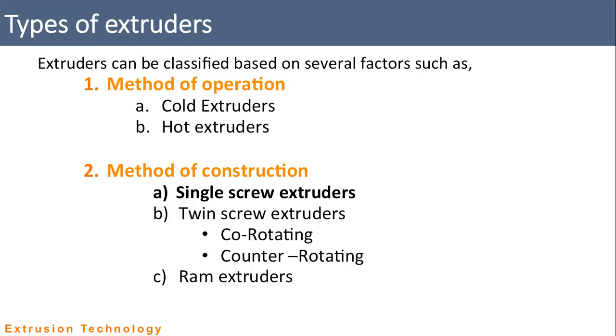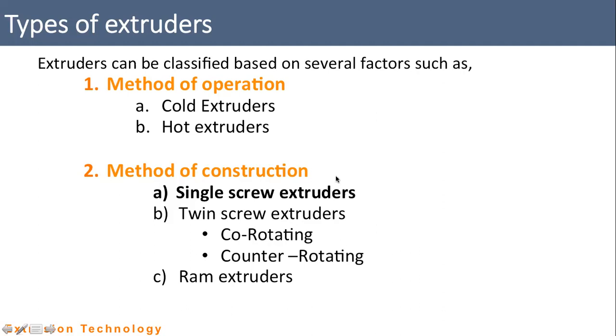Hot extruders mean the temperature is high. So cold extruders function around room temperature or below that. Hot extruders mean the temperature inside the extruder is higher than room temperature, and sometimes very high.